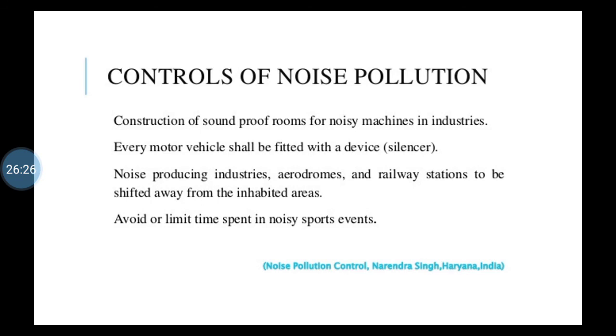Then every motor vehicle shall be fitted with a silencer device. So nowadays four stroke vehicles, their noise is comparatively very less as compared to the vehicles which were manufactured earlier.